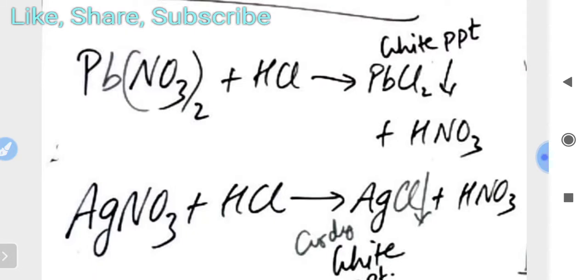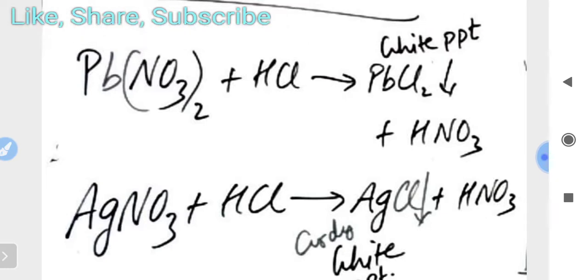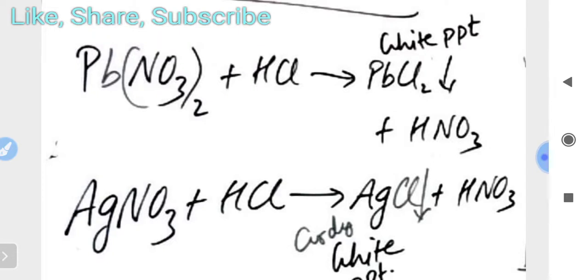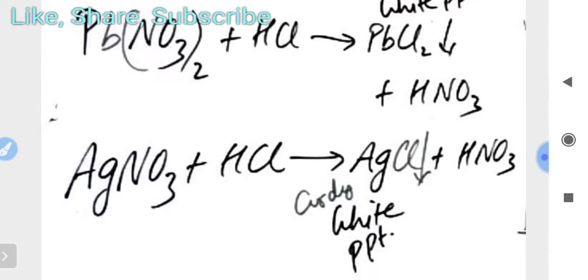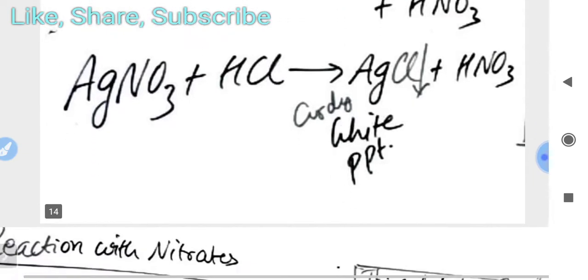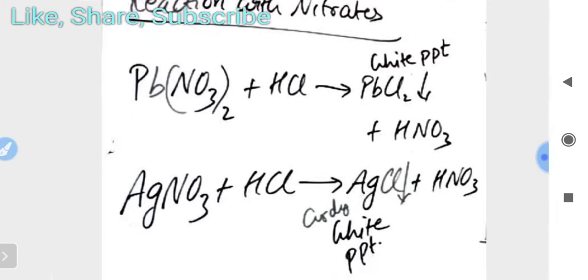Just keep in mind, whenever HCl reacts with a nitrate, whether it is lead nitrate or silver nitrate, a white precipitate is formed, of silver chloride and lead chloride accordingly, and nitric acid, HNO3, will be formed here. So this is the reaction with nitrates.